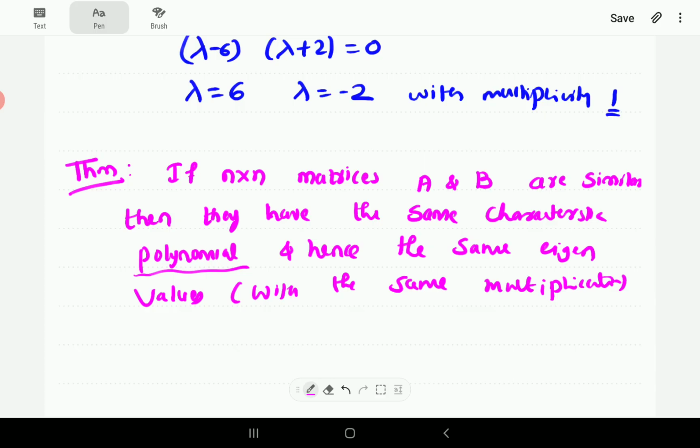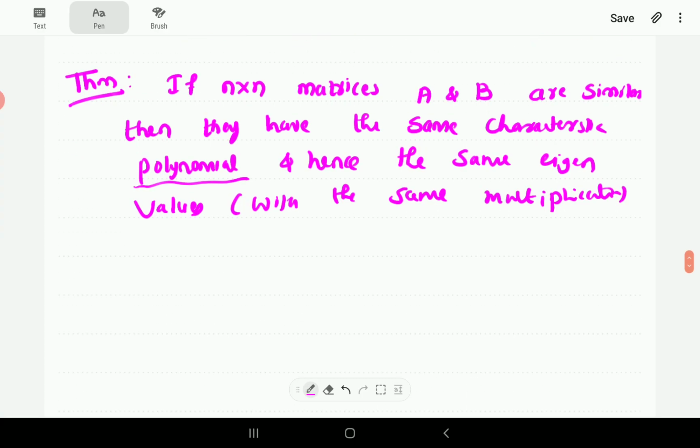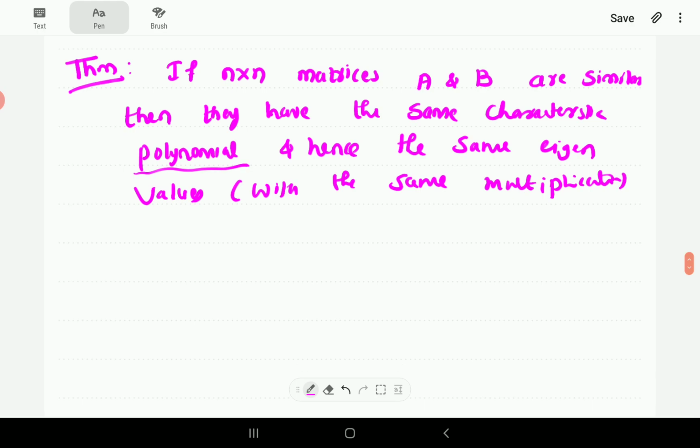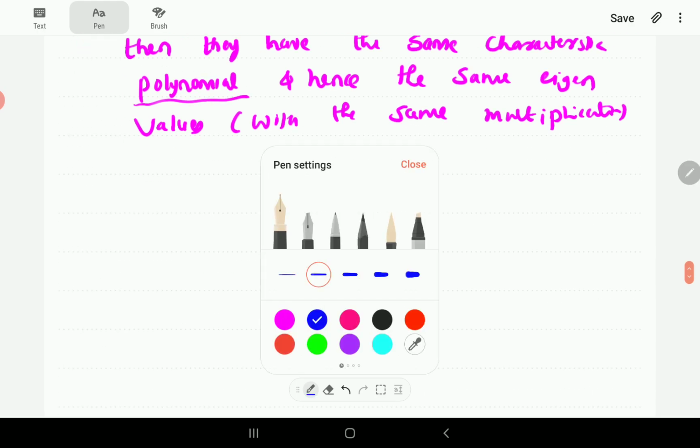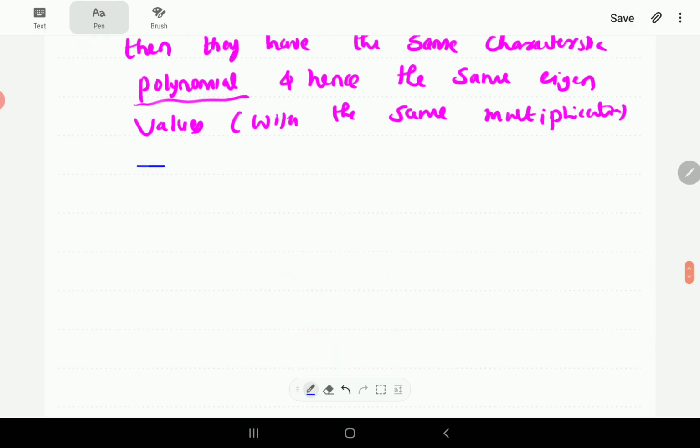All right, now let's see another example where we will find the characteristic equation, but let me take a 3 cross 3 matrix here. Suppose I'm given 1 0 negative 1, 2 3 negative 1, 0 6 0.